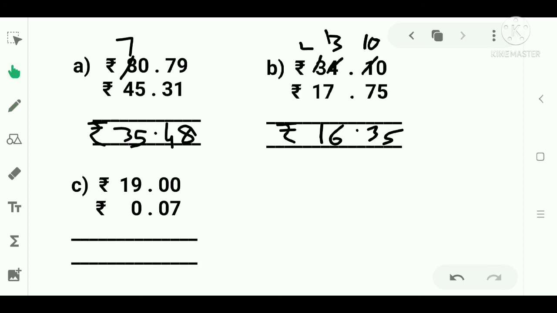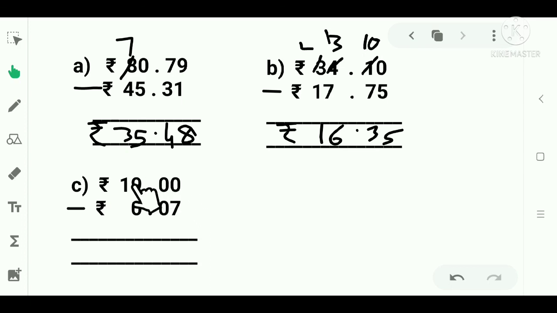Now C part, 19 rupees minus 0.07. Also write the subtraction sign everywhere. It is very important. Now students, we can't subtract this 7 from 0. So we have to take borrow, but this 0 has nothing, so how will it give borrow to this 0?